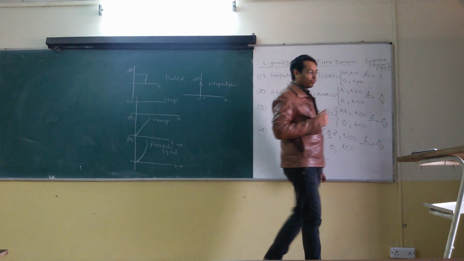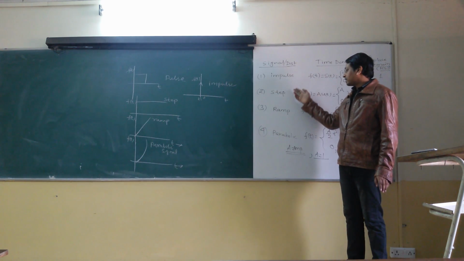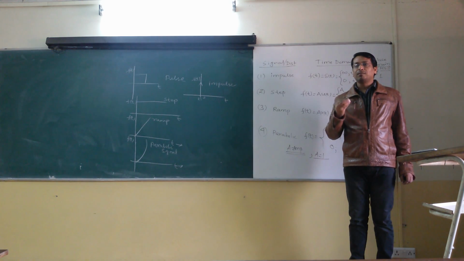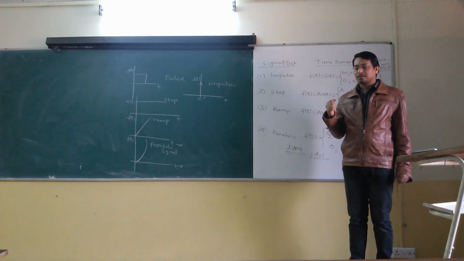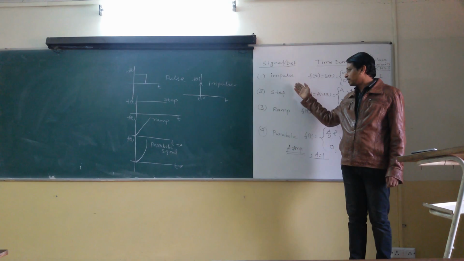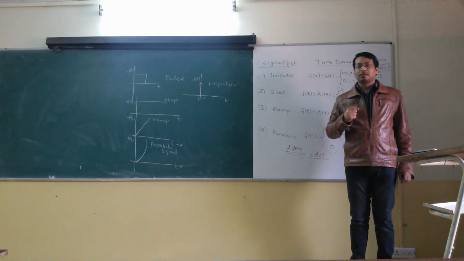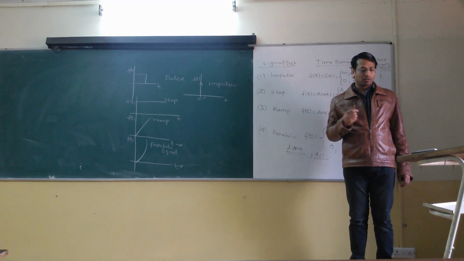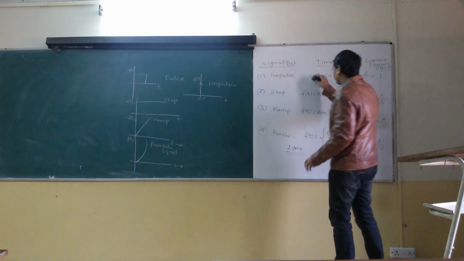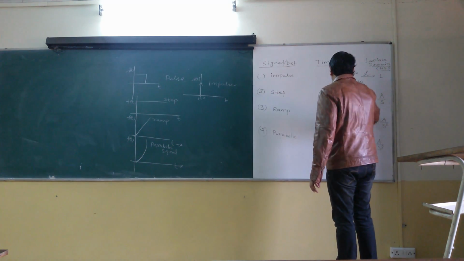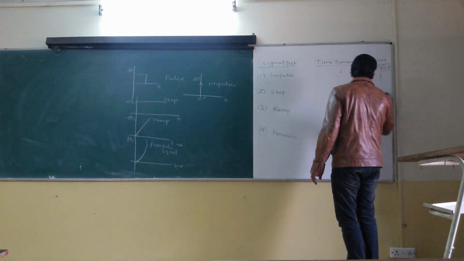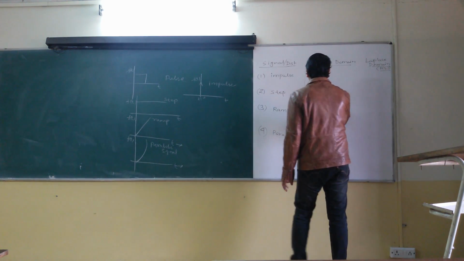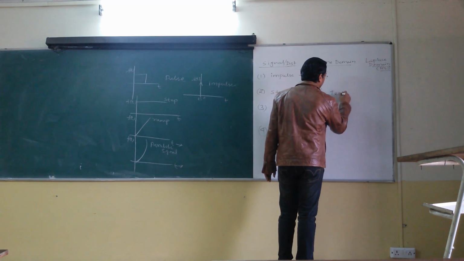It has also been found that impulse, step, ramp and parabola type of inputs put the system under strain, and if a system behaves satisfactorily with these four inputs, such a system will act satisfactorily with any type of input. That's why these four signals are known as standard test signals. So what we are reading comes under the topic of standard test signals.